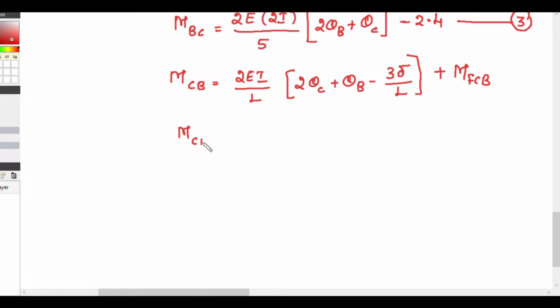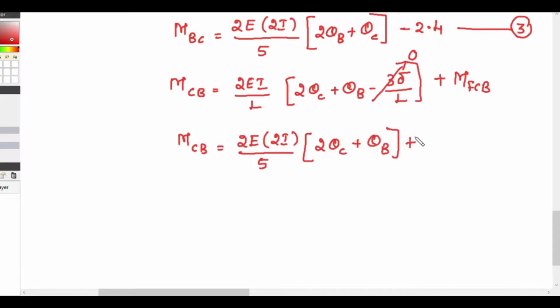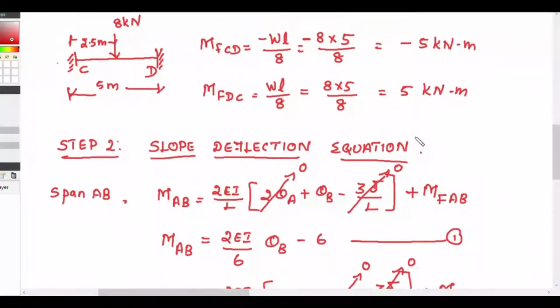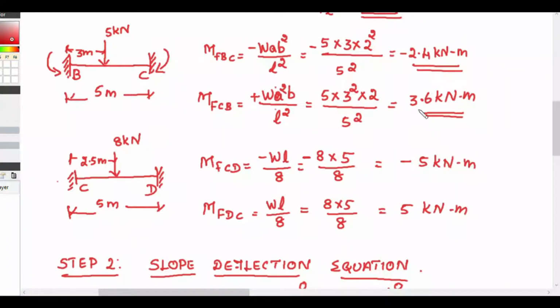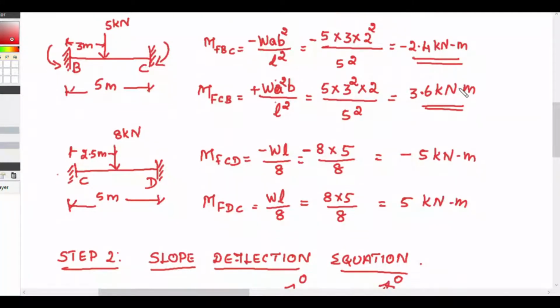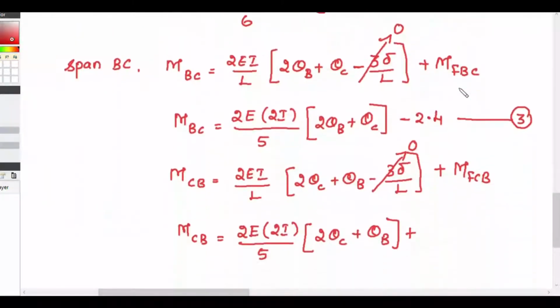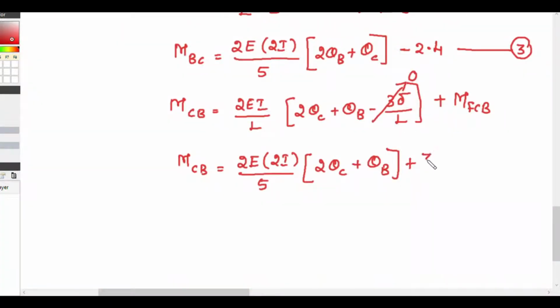So MCB is equal to 2E into 2I, for the span BC, divided by L is 5 meter, into 2 theta C plus theta B. This term becomes 0, there is no deformation, plus MFCB. MFCB we have already calculated as 3.6 kilonewton meter, so it is plus 3.6. This is our equation number 4.